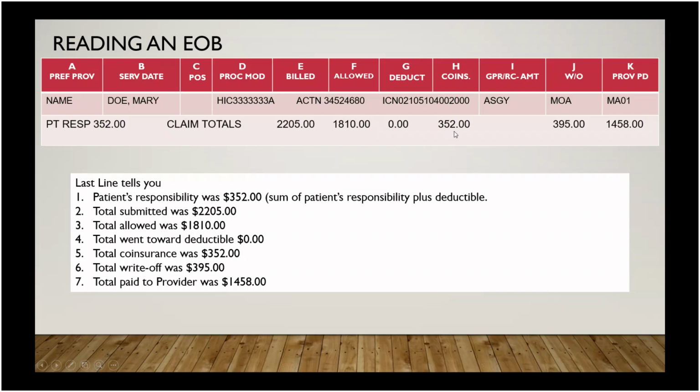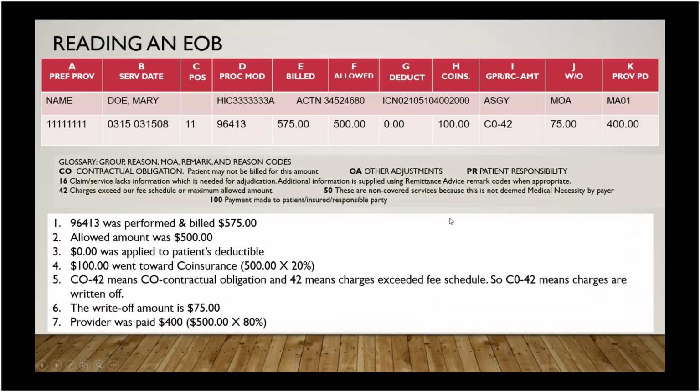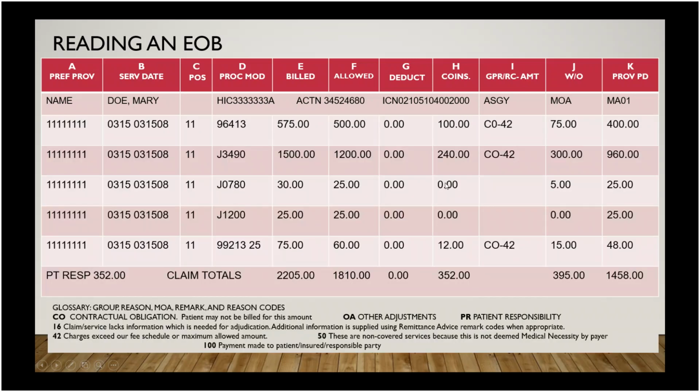Total coinsurance was $352. Total write-off was $395, and total paid by the carrier to the provider was $1458. If we go backwards, we can see where that information again will continue. So this is where all of these totals came from.